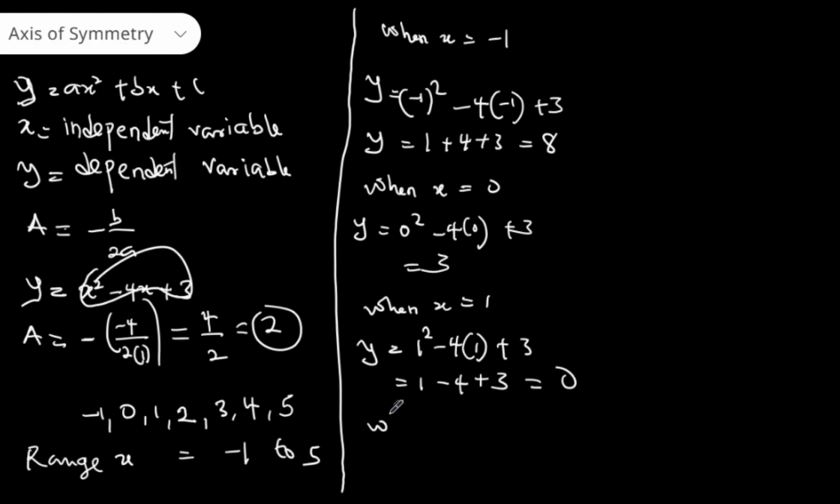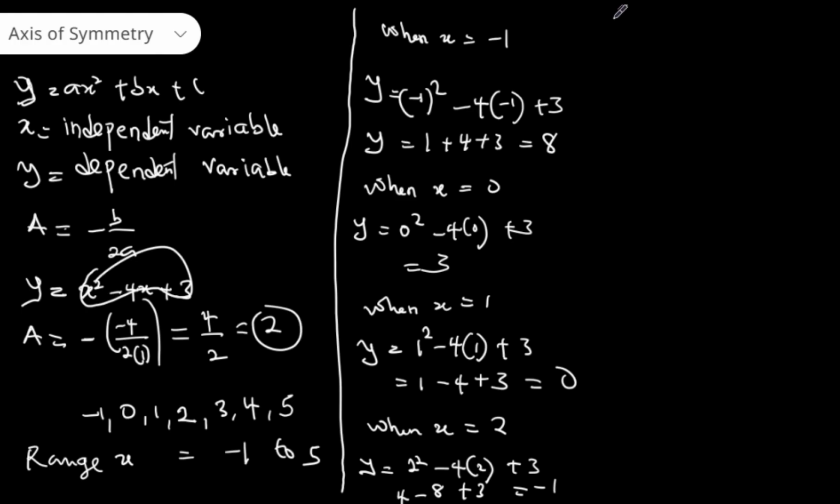Now we go for when x equals 2. y equals 2 squared minus 4 times 2, then plus 3. 2 squared is 4, minus 4 times 2 is 8, and then plus 3. So 4 minus 8 is minus 4, and minus 4 plus 3 is minus 1.